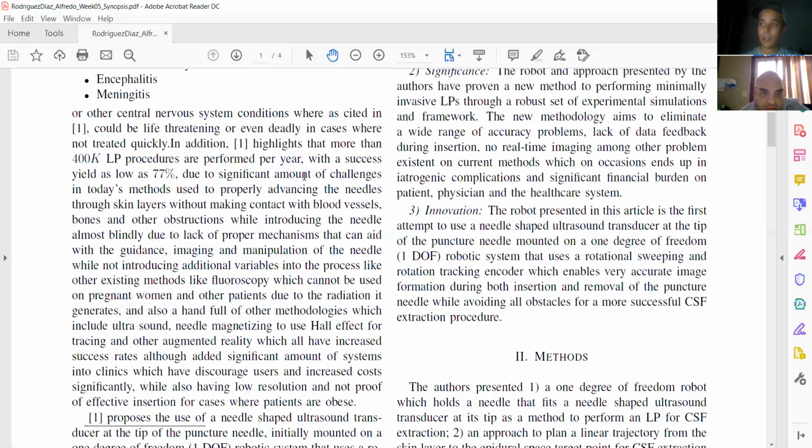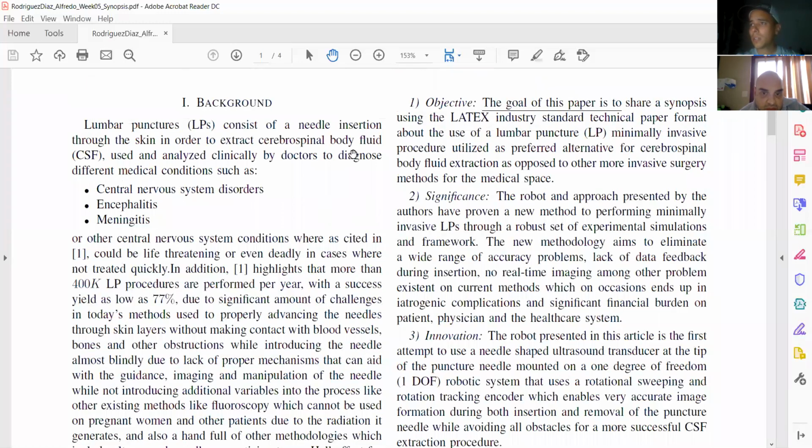So this is a minimal invasive procedure. Correct. So a major invasive would be kind of a surgery already, so that the patients will take longer to recuperate, and yeah, more painful.